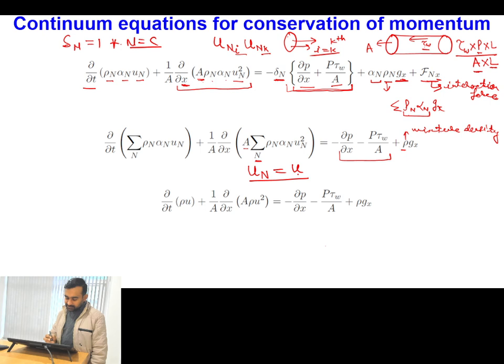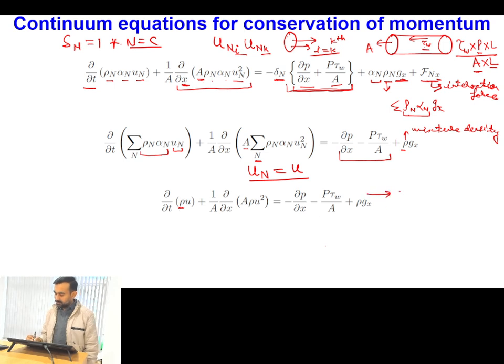In that case, un can come out of the summation, because un is now a constant value u, and the summation of rho n and alpha n becomes the mixture density rho. So del by del t of rho u plus 1 by a del x of a rho u square, where un square has become u square, minus del p, and the right hand side is as it is.